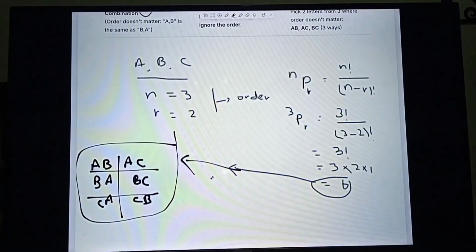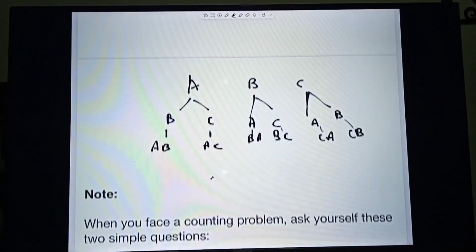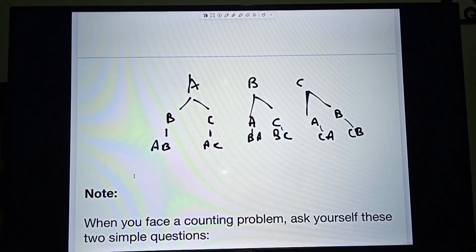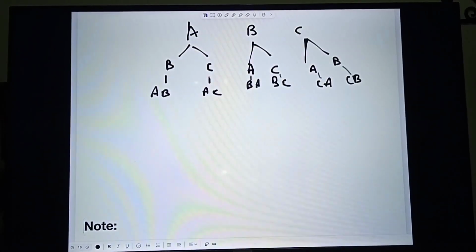Okay, so this was about permutation. Now let's use combination when order doesn't matter.